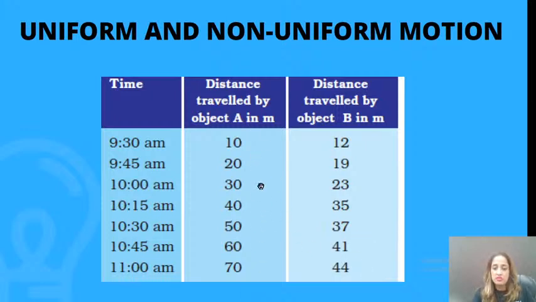But person A is so consistent. For every 15 minutes, he or she is covering 10 meters, 10 meters, 10 meters, 10 meters.